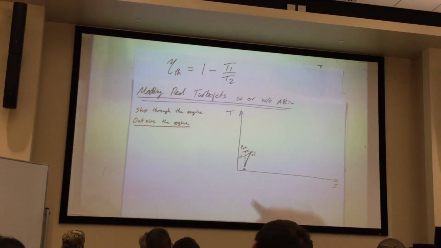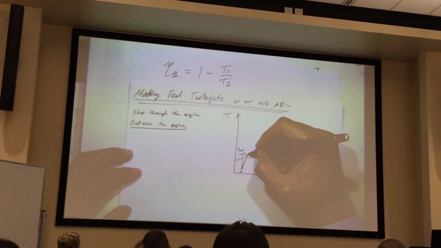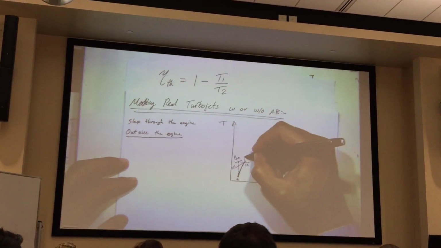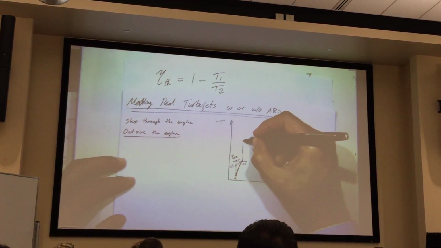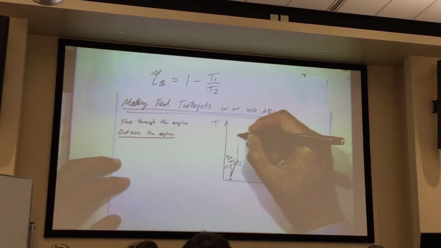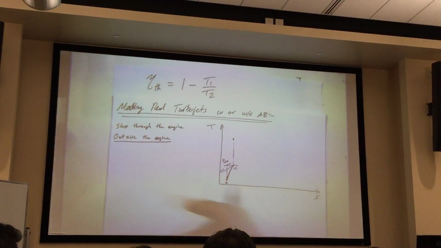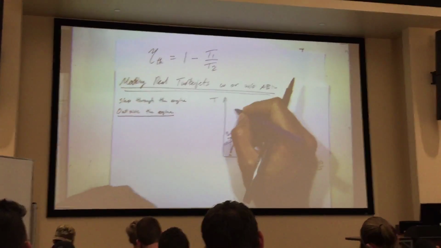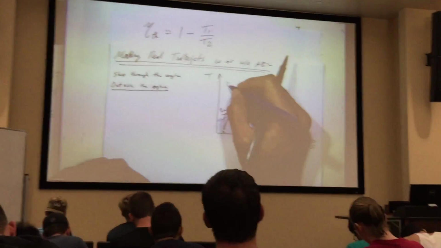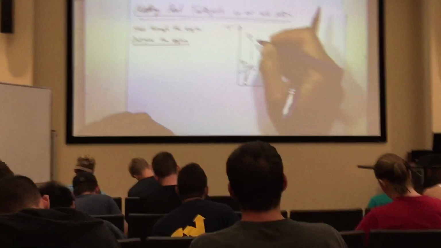Now the same thing I could do for the compressor. If it's an ideal compressor, adiabatic and isentropic, it's going to go all the way up right here. And that's point PO3.